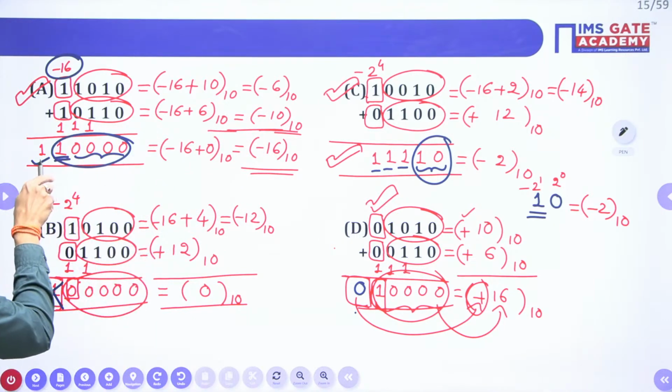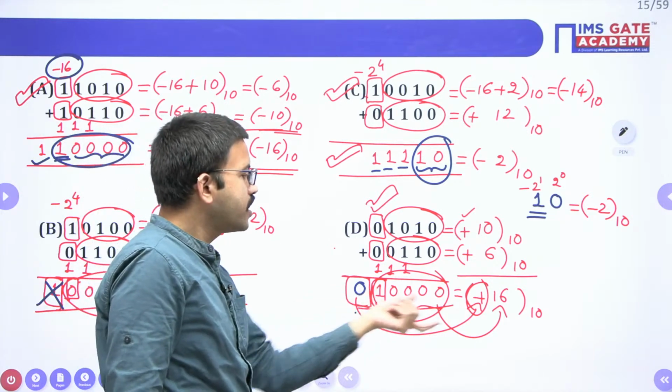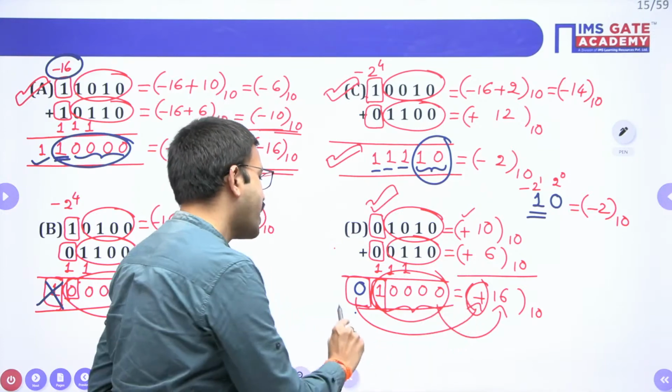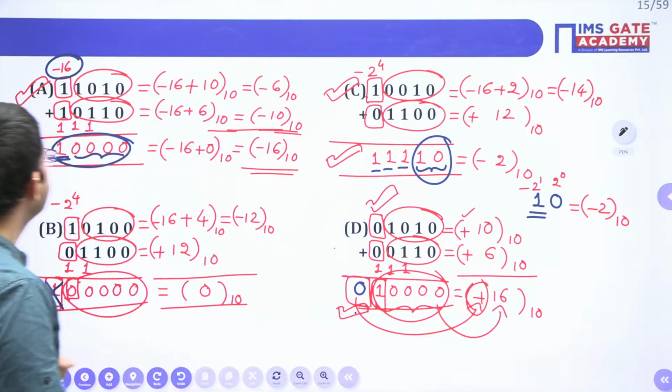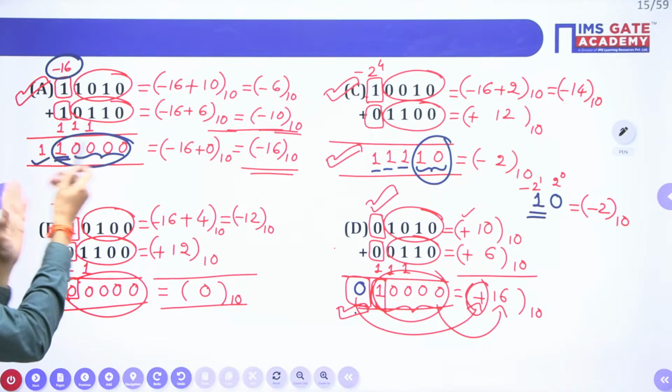If any overflow occurs like this, we will consider it as a carry. When adding two positive numbers, the resultant value should be positive, so I have considered one more bit, the sign bit, as 0. Similarly, when adding two negative numbers, here you got 1, we will consider that.